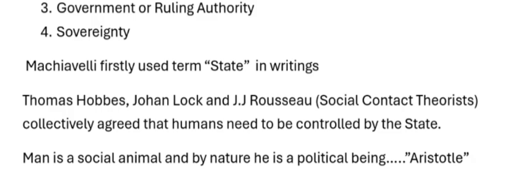If there is no ruling authority or government, then how may those people live? So there must be a government or ruling authority, and the requirement of a ruling authority was also acknowledged by these Western political philosophers, Hobbes, Locke, and Rousseau. If we are talking about the state, we also have to mention a quotation by the father of political science, Aristotle, who said, "Man is a social animal, and by nature he is a political being."